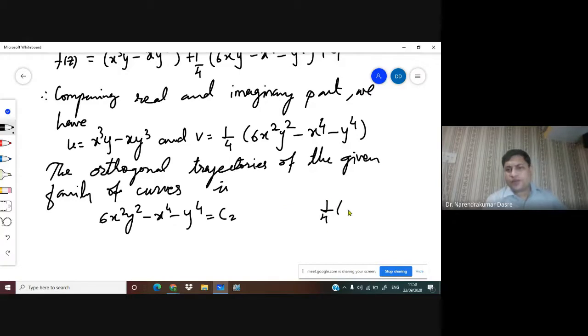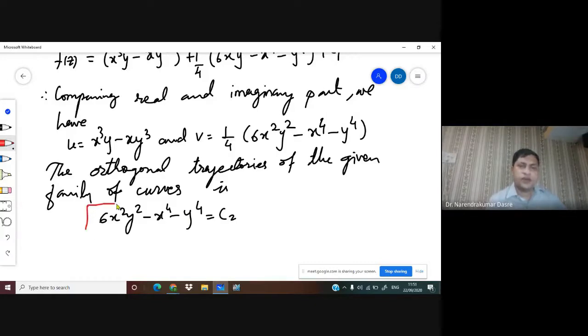See, if we write 1/4 times this term equal to a constant, then I can write this as equal to 4 times C2, which is again a constant. That's why I have written this term directly equal to a constant, because this constant we can have on the other hand side. So we can write it directly equal to a constant.